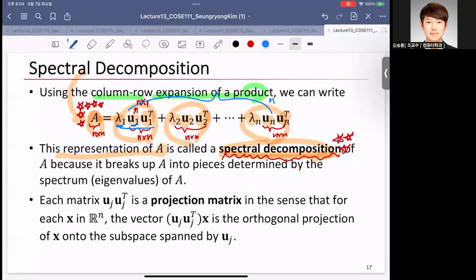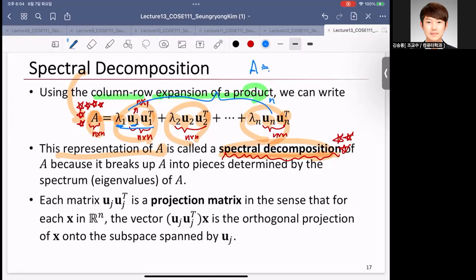Why do you have to know that? So this spectral factorization can be used in so many kinds of applications or fields. One of the fields is approximation. For example, you want to represent your arbitrary matrix A as a new matrix that approximates the original matrix A but is easier to handle.